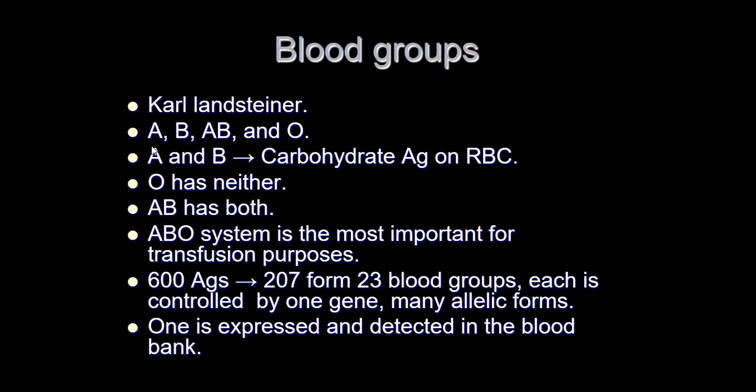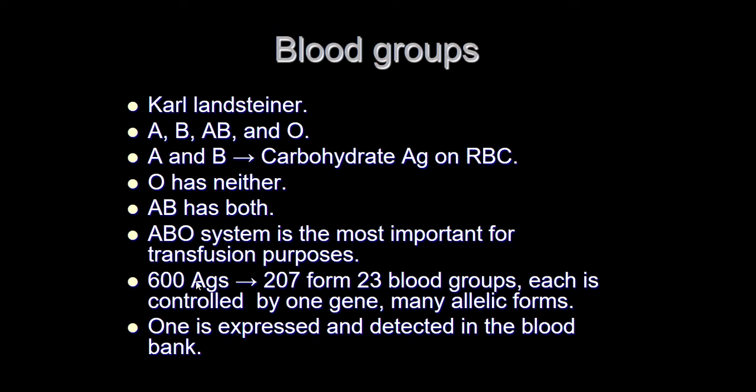Again, remember that blood group A is a carbohydrate antigen, N-acetylglucosamine, and blood group B is just D-galactose, and AB has both, and we see those on the surface of red blood cells. Blood group O doesn't have any of those. The ABO system is the most important here for blood transfusion.